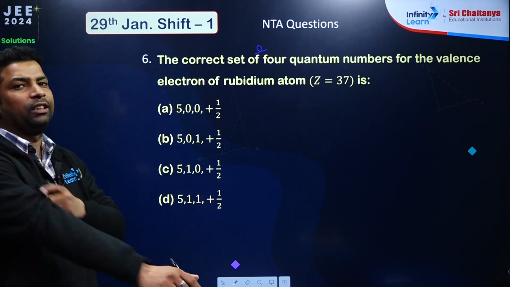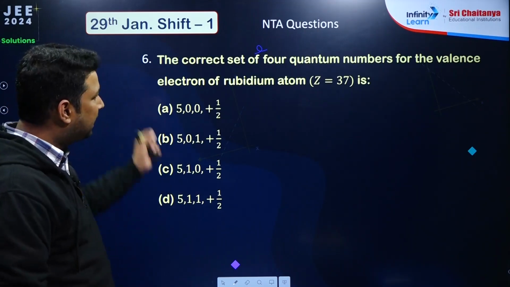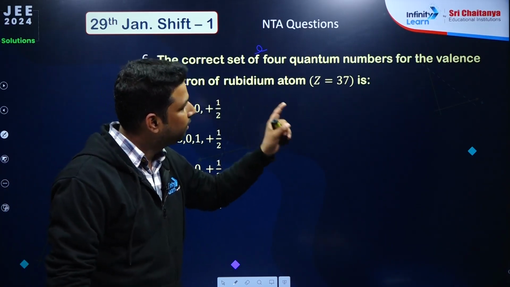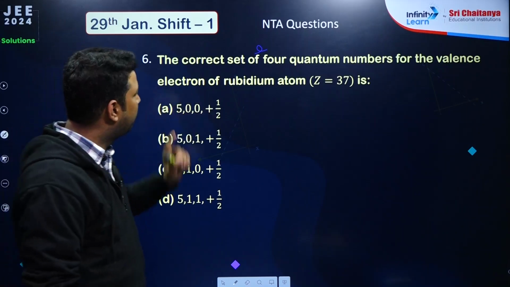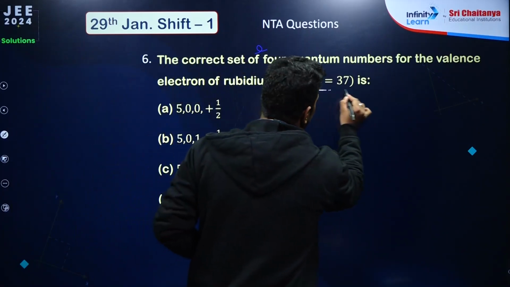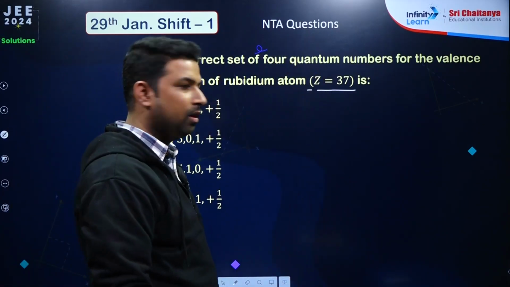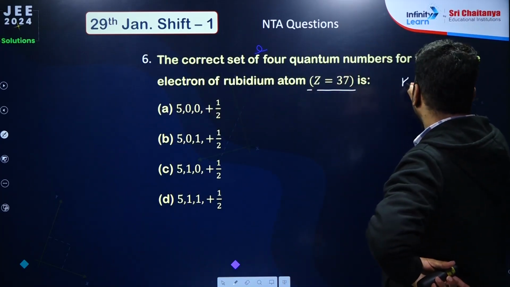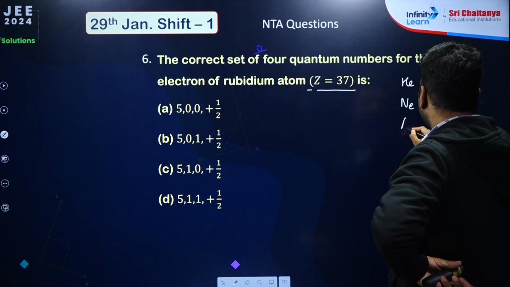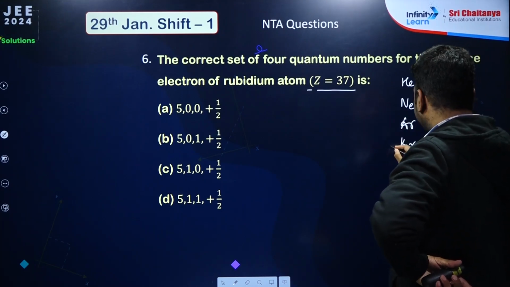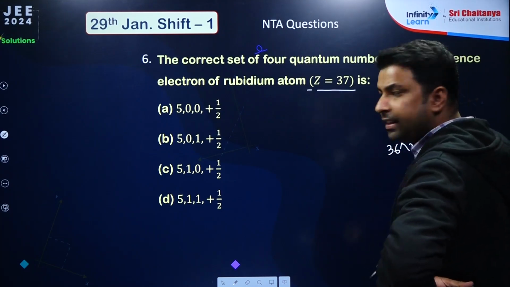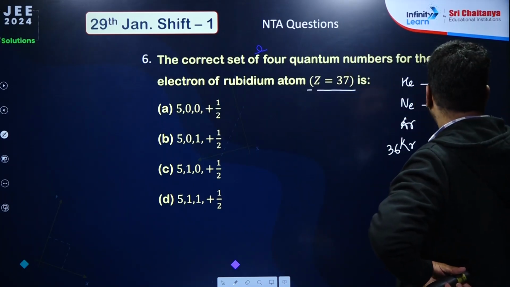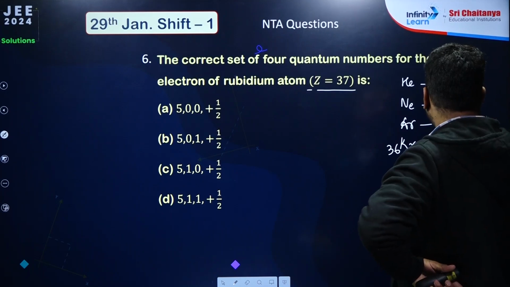Now come to the next question, question number 6. The correct set of 4 quantum numbers for the valence electron of rubidium atom, Z, that is atomic number 37. See, helium, neon, argon, krypton. Krypton has 36, so 37 starts after krypton. This is the first period, second, third, fourth period.